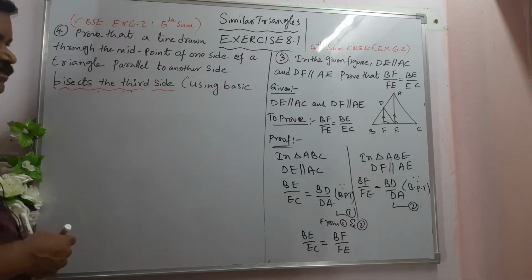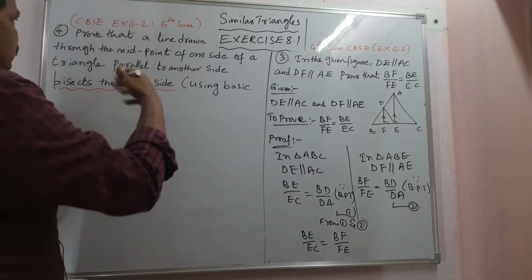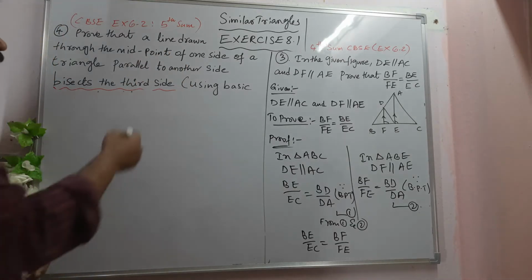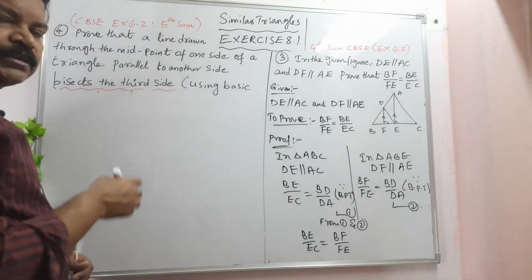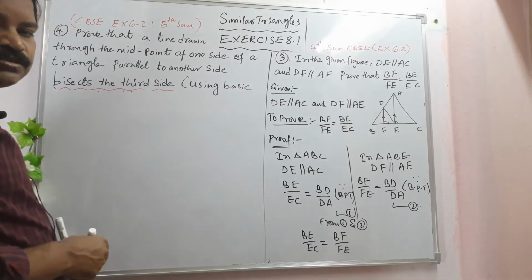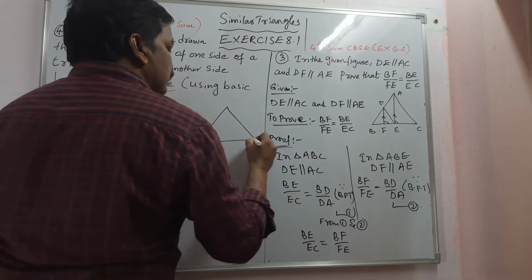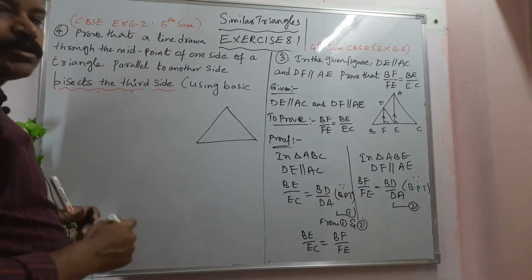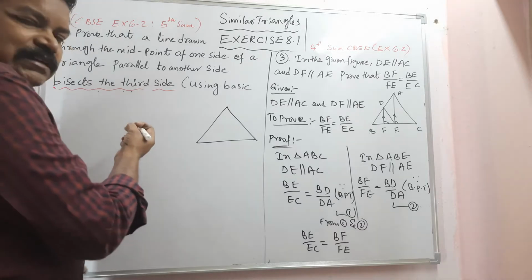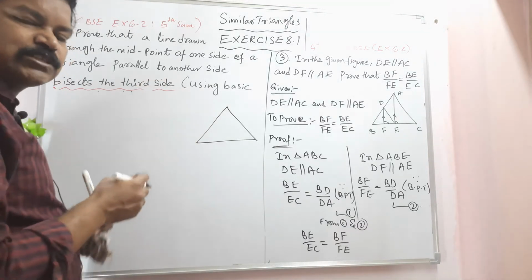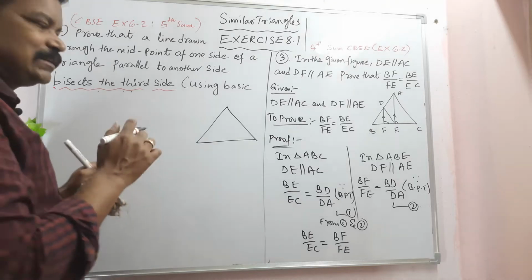Have you ever learned this theorem? This theorem was in the 9th class textbook also. There we proved it in a long process. But here, after we learn this basic proportionality theorem, this proof is very simple, very easy.